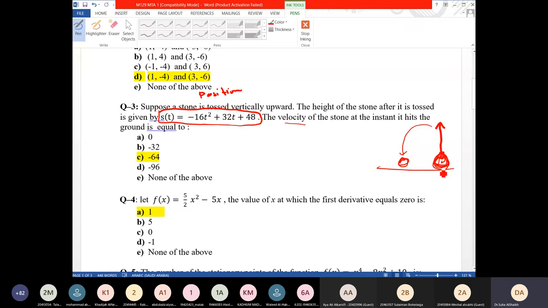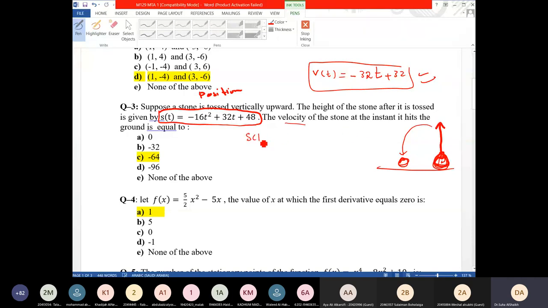No, velocity at zero is at the beginning of the time. When it hits the ground, first of all, I need the velocity. The velocity v of t is equal to the derivative of this one, so it is minus 32t plus 32. This is at the beginning. I keep this with me.